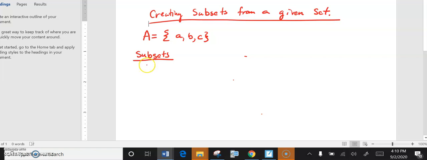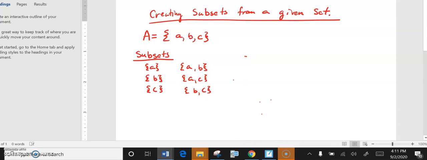I could say that A is a subset, right? I could say B is a subset, and I could say C is a subset. Just so each individual letter would be a subset. Then I could partner up the letters, and I could say A and B are a subset of set A. I could say A and C are a subset of set A. And I could say B and C are a subset of set A.